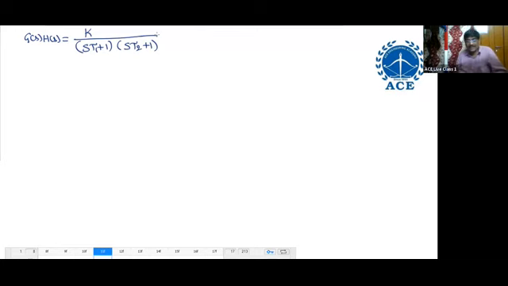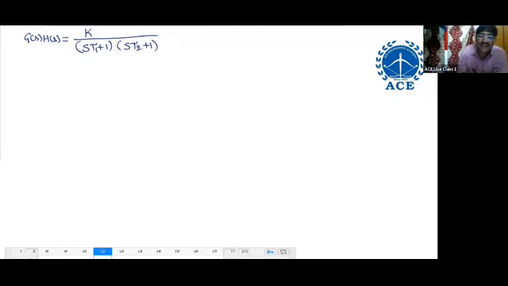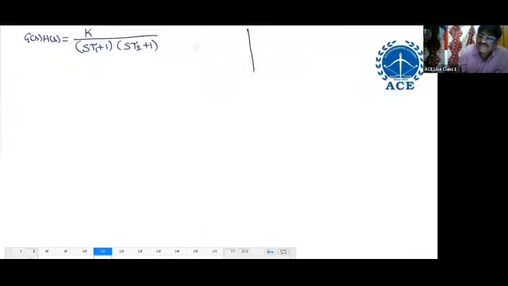It is the same thing, but instead of pole-zero form I take the time constant form. If they ask for the intersection point with minus 90, you solve with the same procedure and you will get the answer. It is easy to remember also. If you are unable to remember, go by the procedure. If they give numerical values or tau 1, tau 2, solve by the same procedure and you will get the answer.